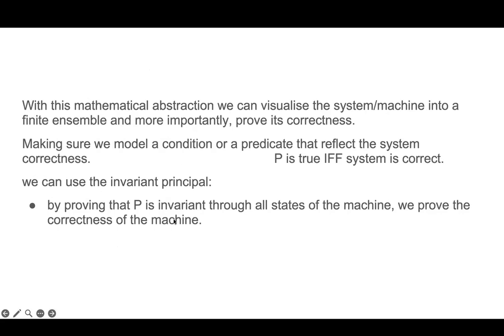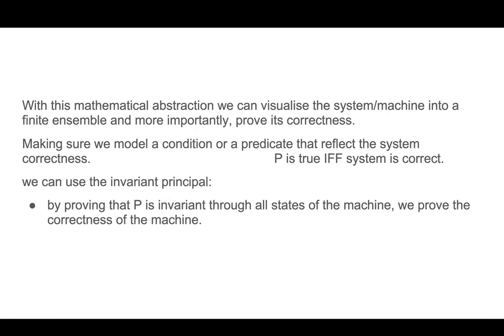And with this mathematical abstraction, we can visualize the system or the machine as a finite set. And more importantly, we can prove its correctness. How can we prove its correctness?